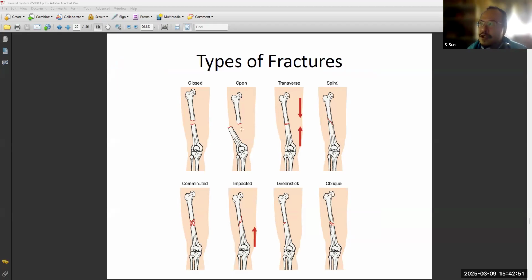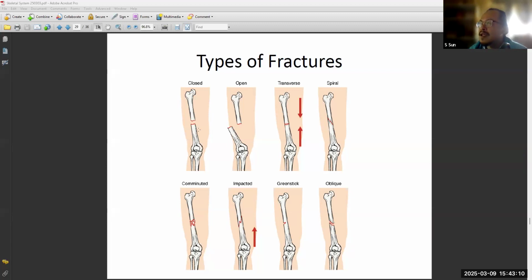If the fracture leads to an opening of the skin, then it's an open fracture. If it's only inside the skin, it's called a closed fracture. Of course, in either case, the treatment procedure will be different.